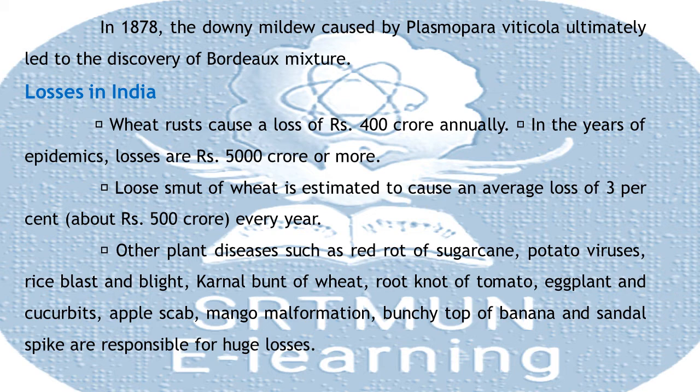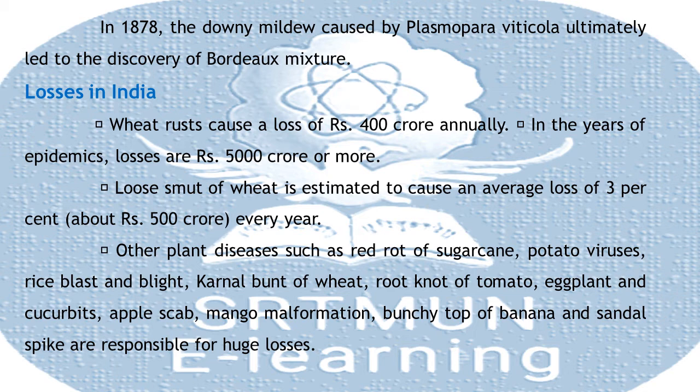Losses in India. Wheat rust caused a loss of 400 crore annually, and in the years of epidemics, losses are 5,000 crore or more.